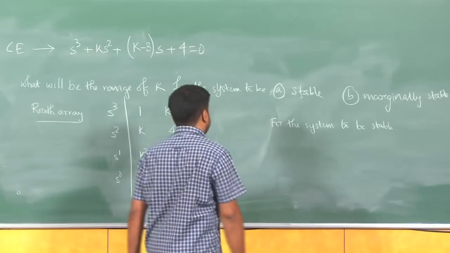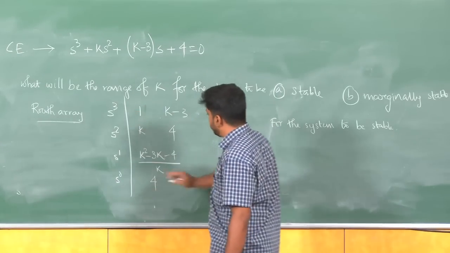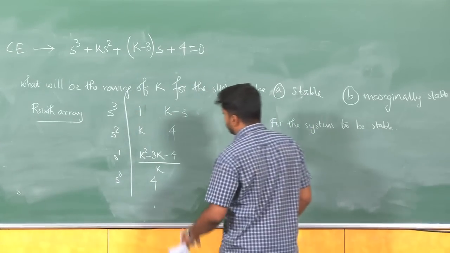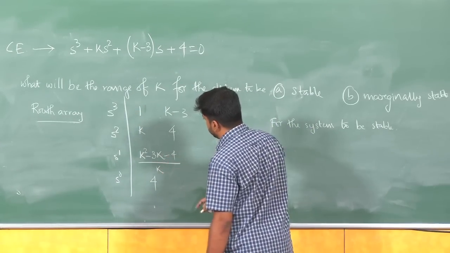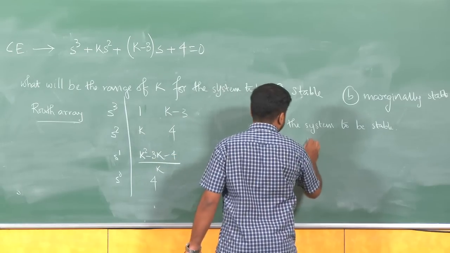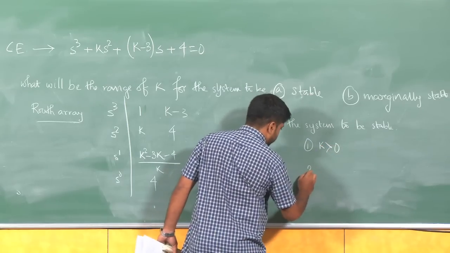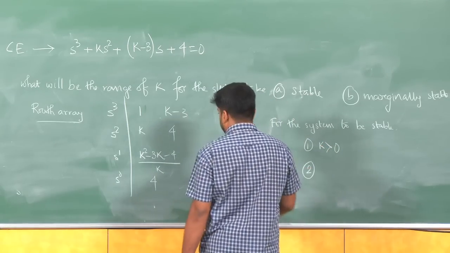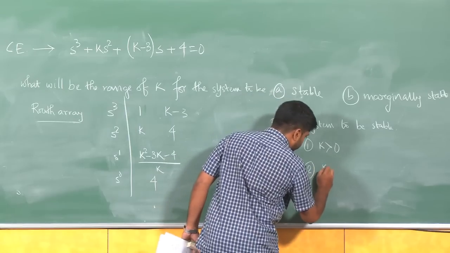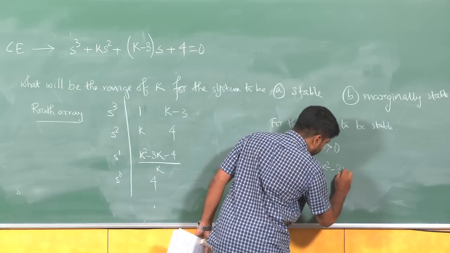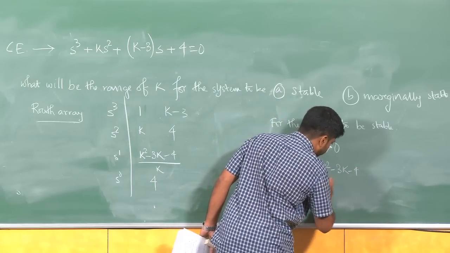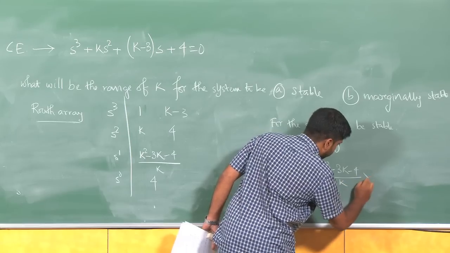Okay. So, all the elements of the first column should be of the same sign. So, should be positive here. So, first condition is k is positive and second condition is (k square minus 3k minus 4) by k is greater than 0.